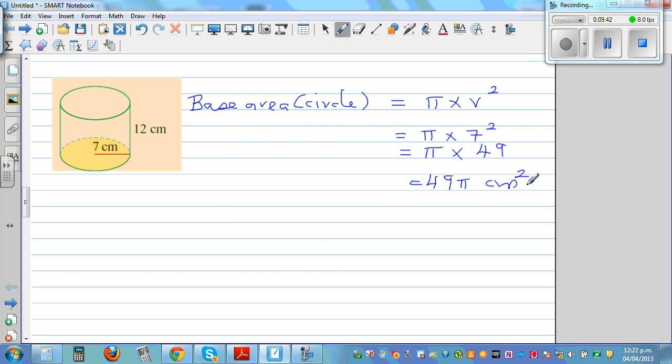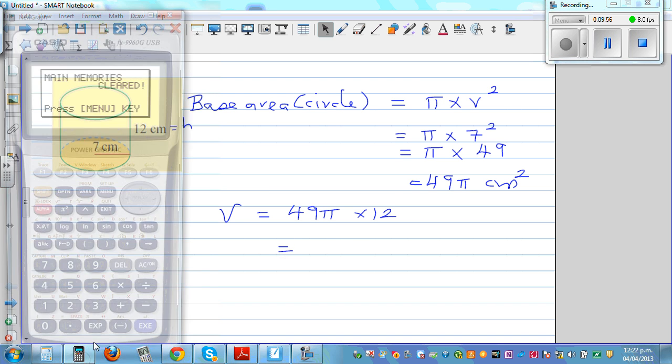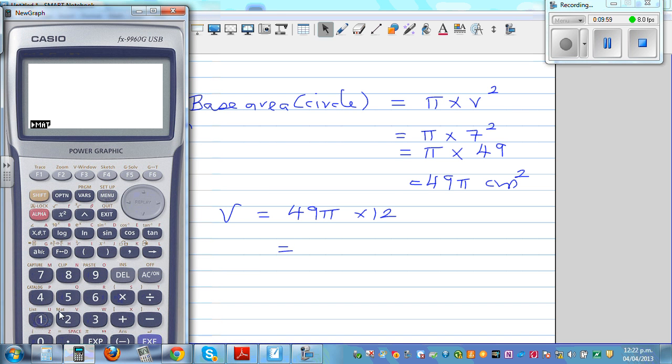centimeters squared. So your volume is base area, which is 49 pi, times your height, which is 12. So let me use the calculator directly. 49 times pi times 12, which is 1847.